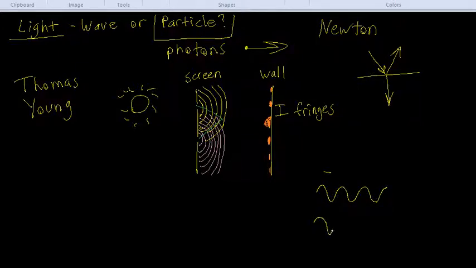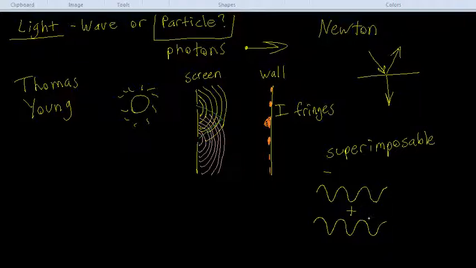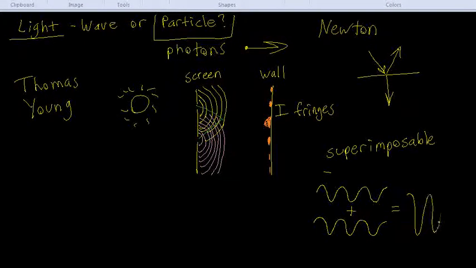So you will have two waves at the same spot that look identical. And since the waves add on top of each other, you can simply take any two light waves you have and add them together. That's called superposition. These light waves are superimposable. They're addable. You just get the sum of the two, which is a wave that is twice as big.